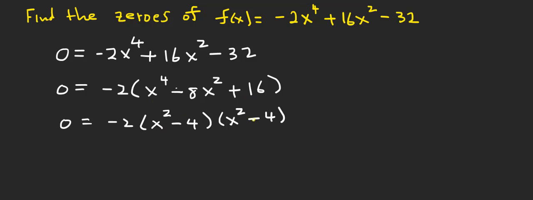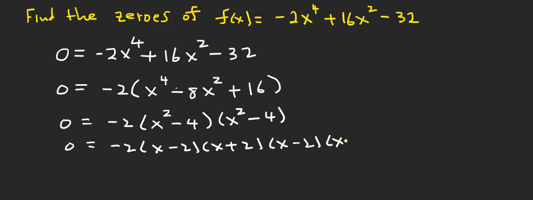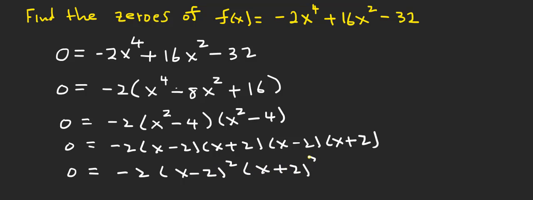Now, this is factorable. So you end up getting x minus 2, x plus 2, x minus 2, x plus 2. And you can rewrite this as 0 equals negative 2, quantity x minus 2 squared, quantity x plus 2 squared.